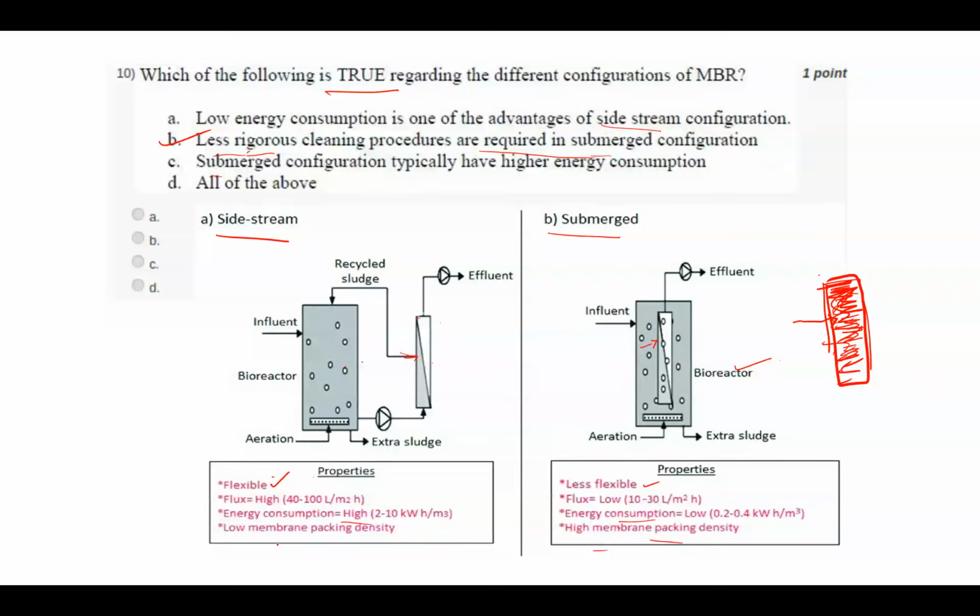But here it is low packing density, which is a thin membrane, so density is less. That means the pore size is higher, and the foulants and different organic matter can clog in the system, so it needs more cleaning. Here it is tightly packed. It is mainly due to the morphology of the membrane. Clear?